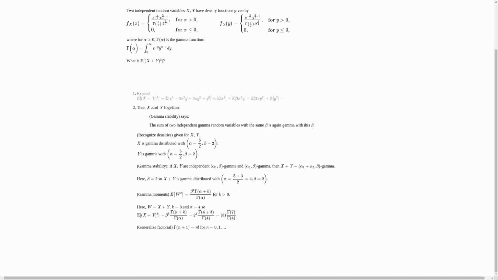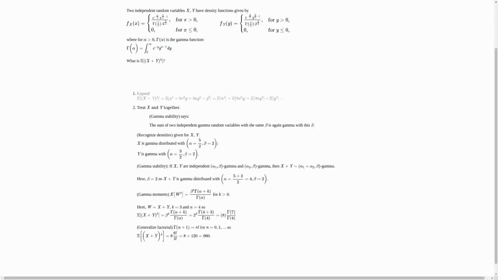And finally, what we can do is recall that gamma is actually a generalized factorial function. So when alpha is an integer, we have that gamma of n plus 1 is just n factorial.